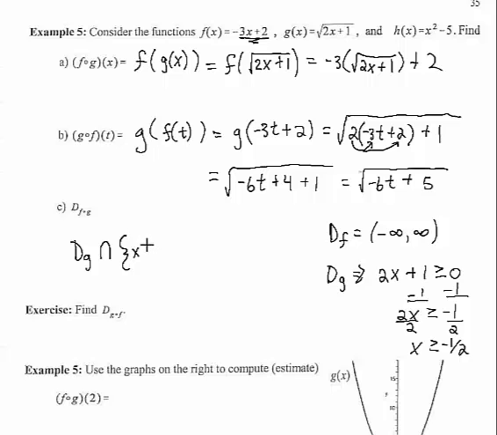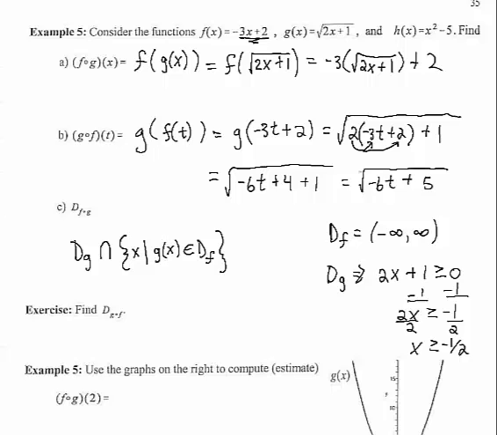Okay, we want the inputs x such that, when we put x inside g, we'll get g of x instead. We want g of x such that it is in the domain of f.